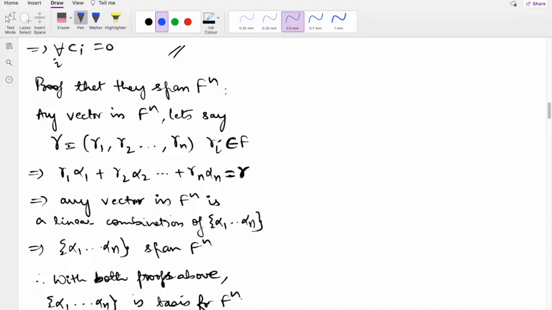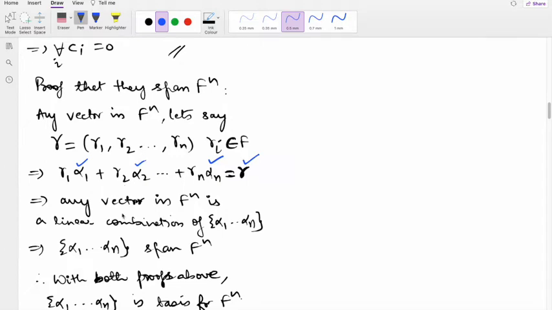So when I look at gamma 1 alpha 1 plus gamma 2 alpha 2, and so on, all of these basically is just the vector gamma, right? So that means I'm able to represent any vector gamma as a linear combination of these vectors alpha 1 to alpha n, and here's the speciality: the coefficients which I'm using for the scalar multiplication turn out to be the individual elements of the vector gamma, right?